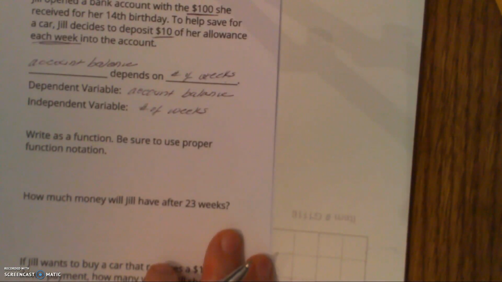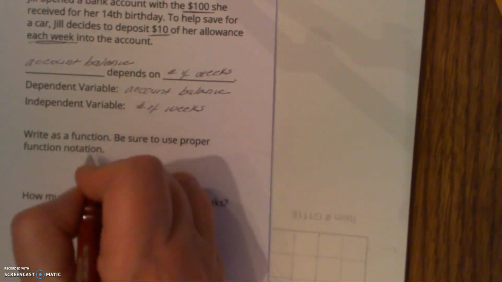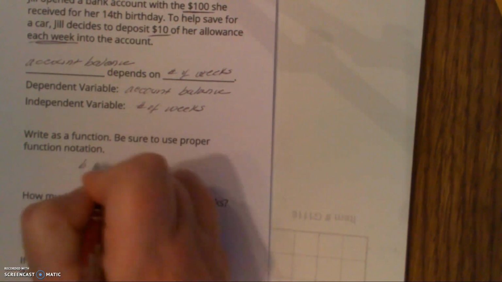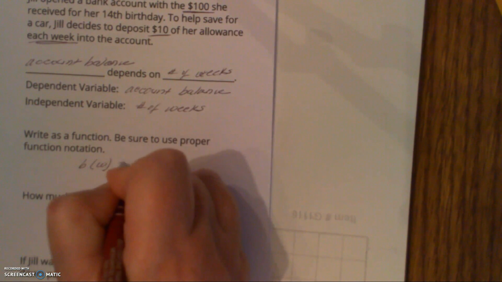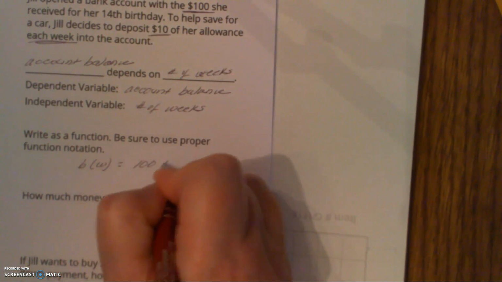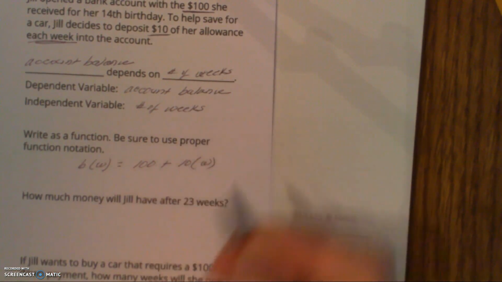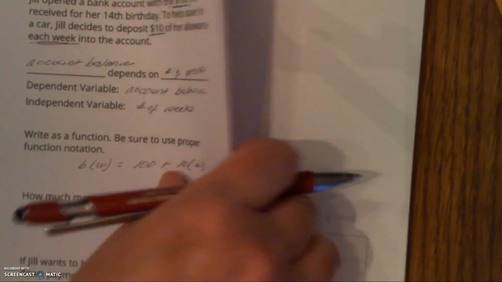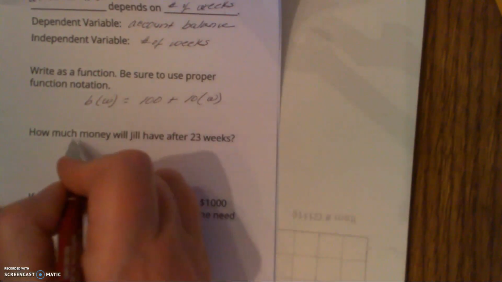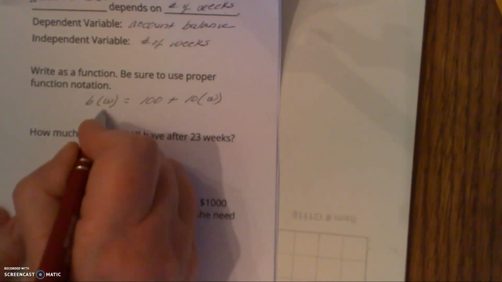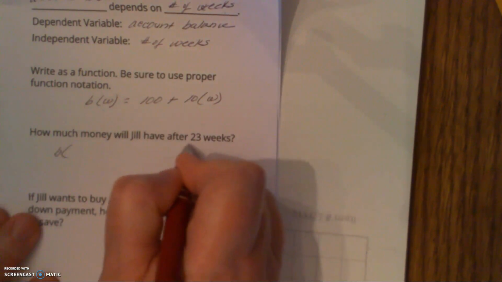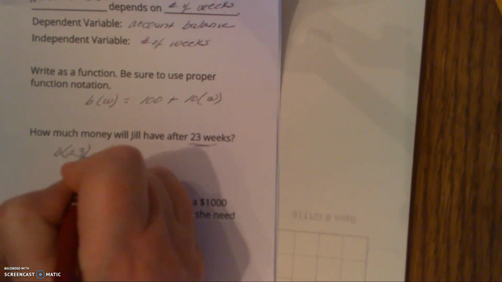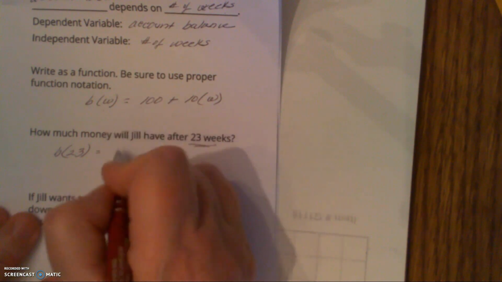Okay, so now we're going to write a function. B of W, for balance and weeks, equals 100 plus 10 times W. Now, we want to know how much money she has after 23 weeks. So the weeks becomes 23. We just substitute it into the equation.